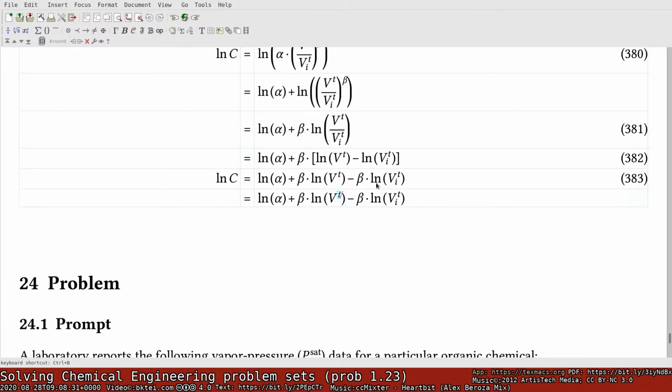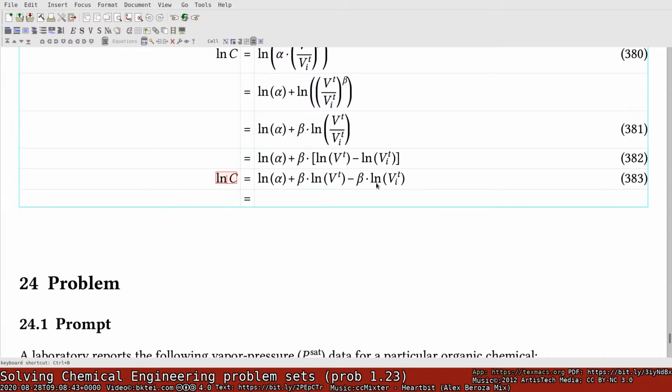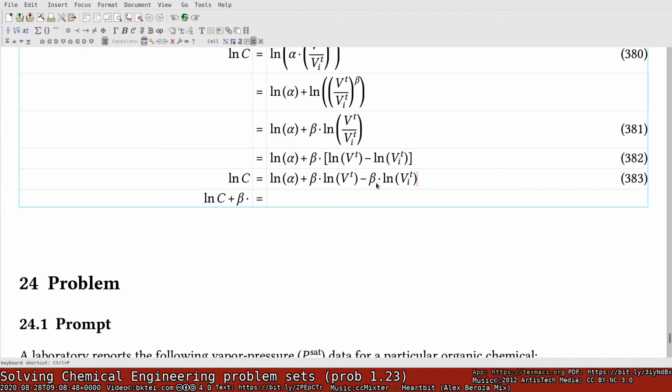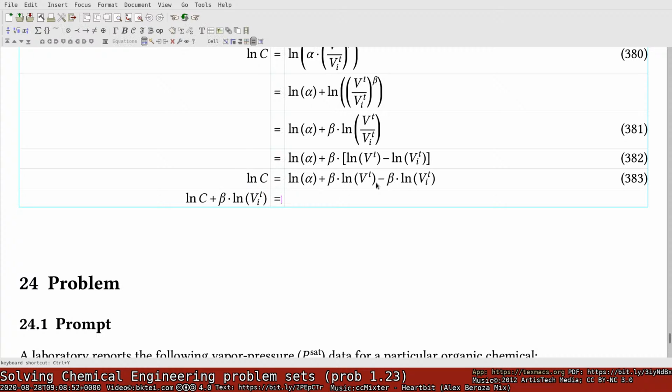Be the same thing, except every quantity here. No. So they can't do that. One step at a time. That plus beta times that equals that.